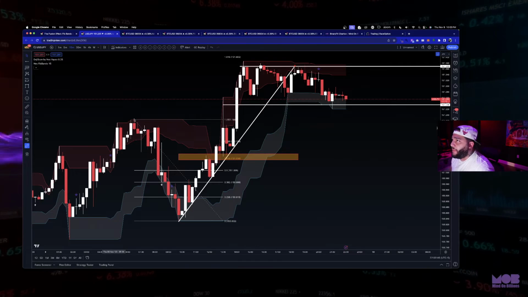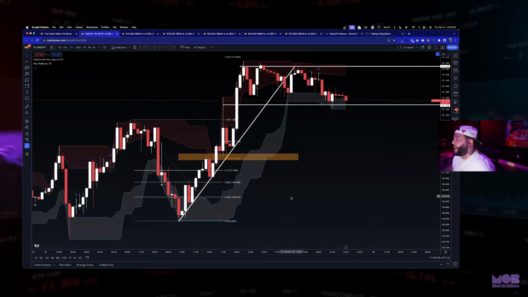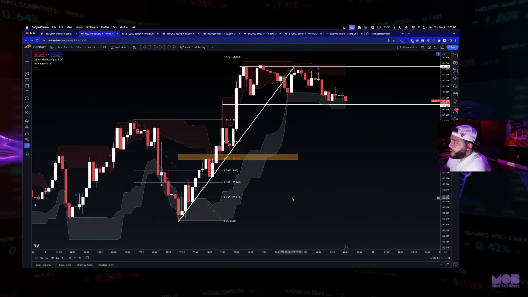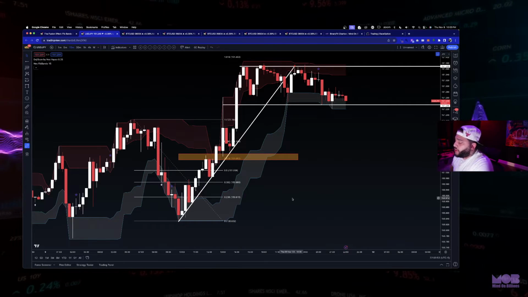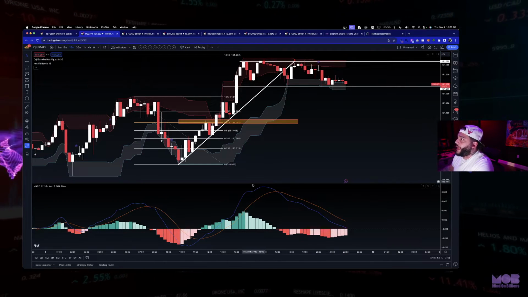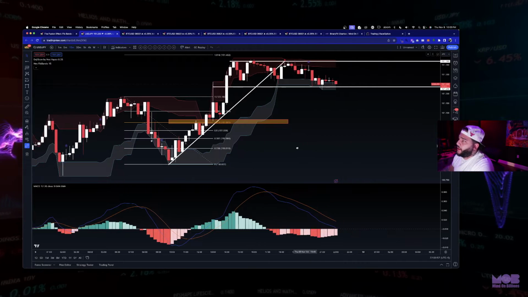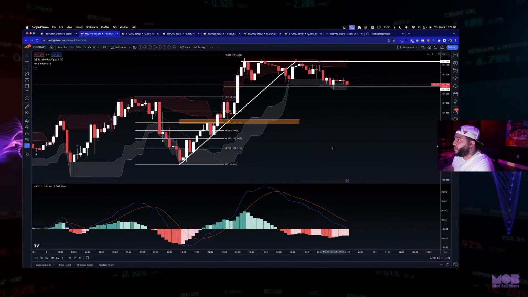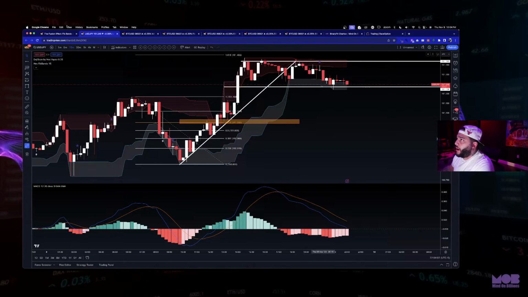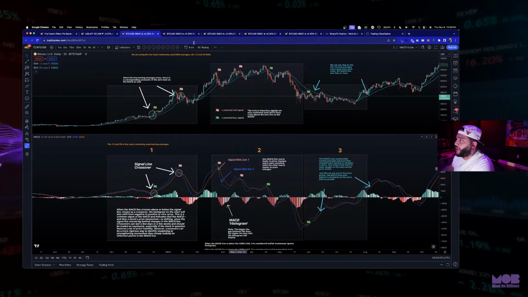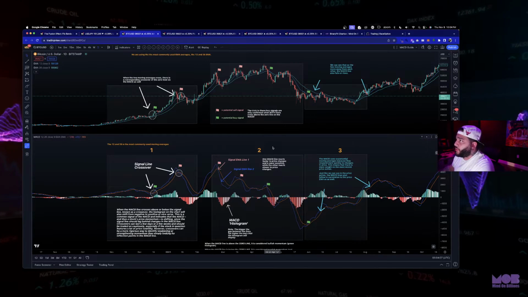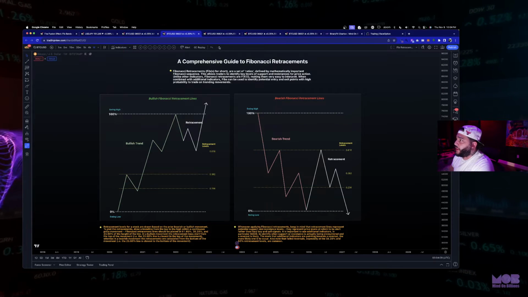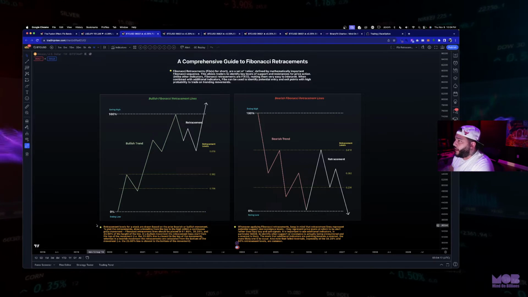You can use my fit bands and my doji scans to help you identify certain opportunities. It was also discussed that MACD is a perfect counterpart to using the Fibonacci retracement tool.